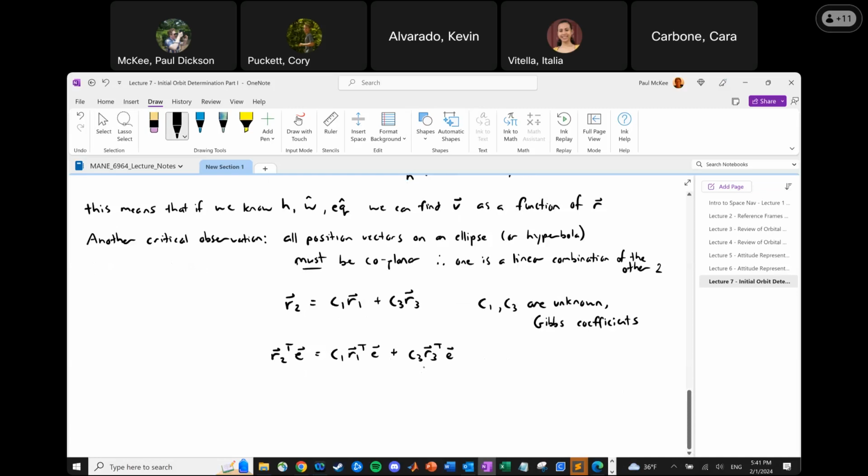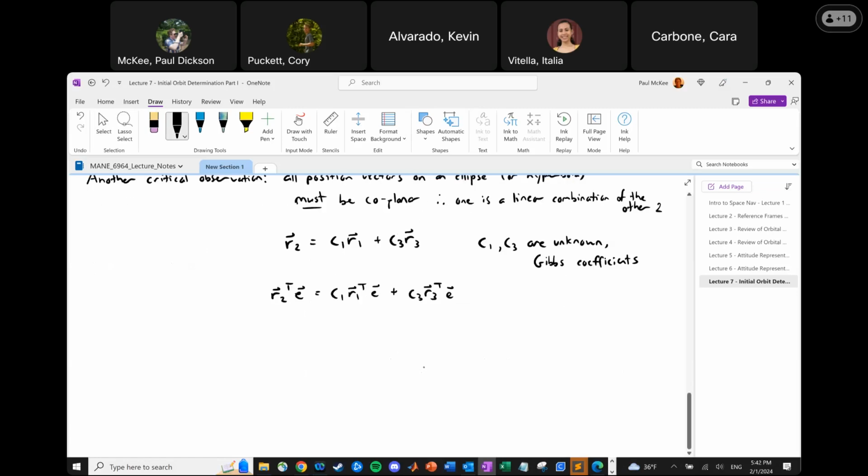Okay. Why do we care about that? Well, you might recall that R transpose E is H squared over mu minus R. And this might be a recall situation, or this might be the first time I've seen this equation situation. That's fine.